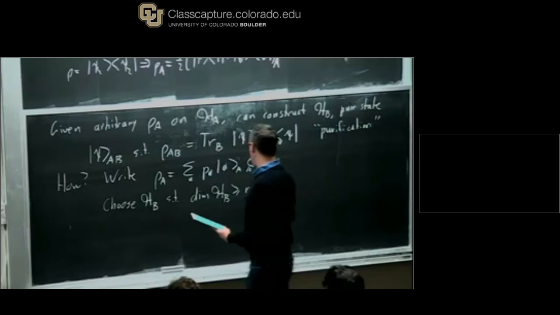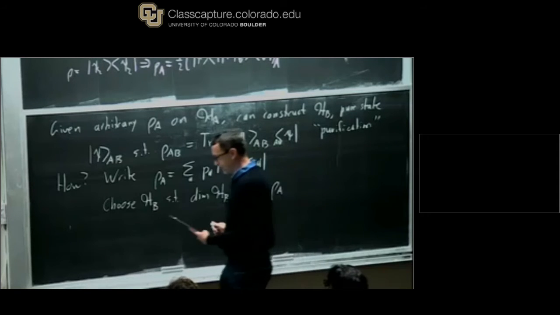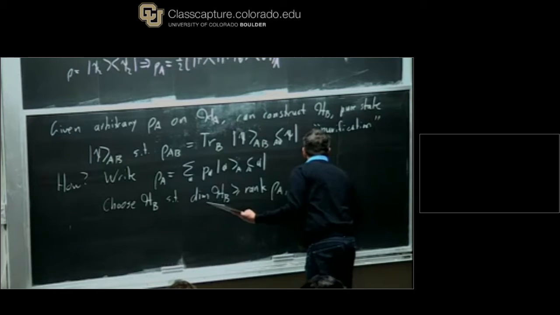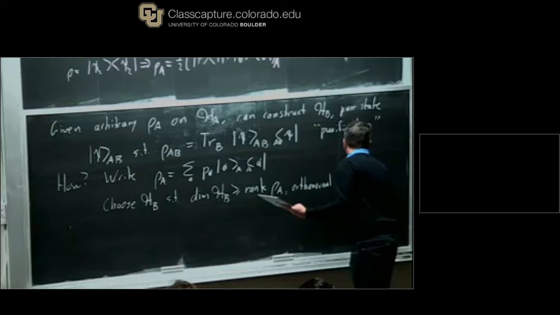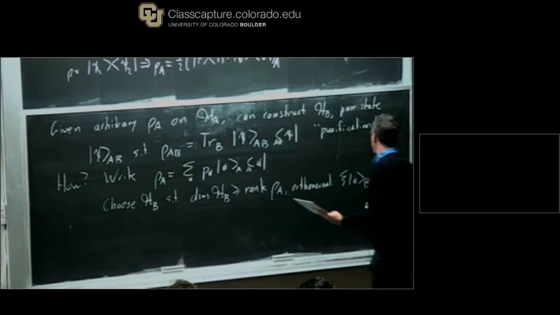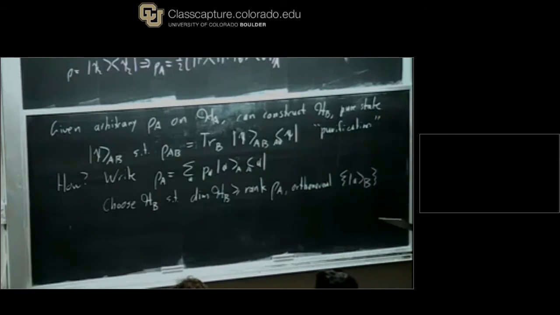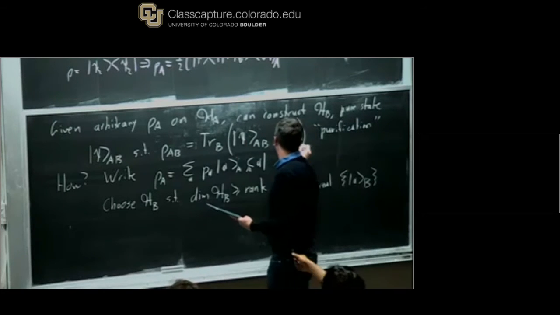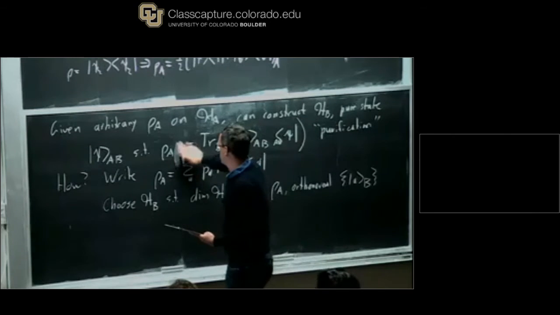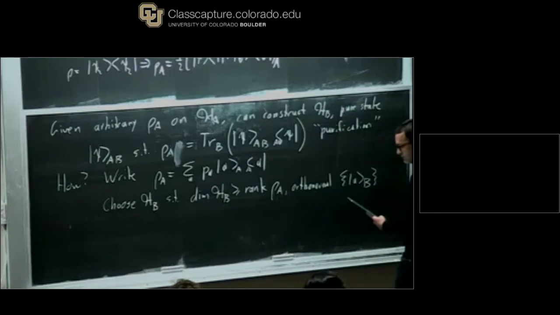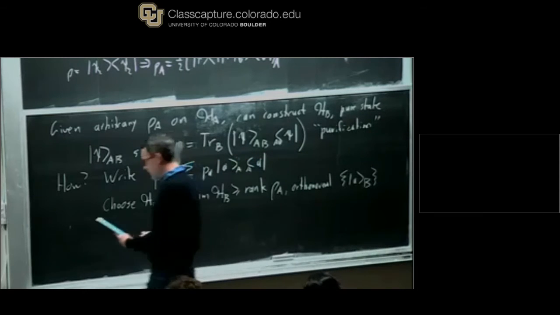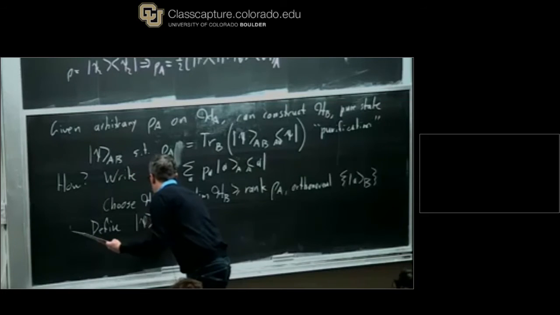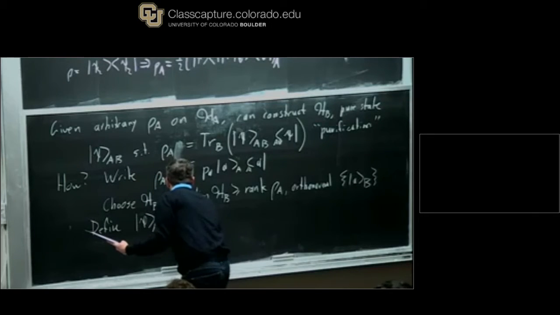And then you choose some orthonormal vectors within HB, and you just go the other way from the Schmidt decomposition. Should that be rho A, such that it is tracing over B, the left hand side? Yes, thank you. And then you define the purified state. Basically, like I said, just go backwards from the Schmidt decomposition.